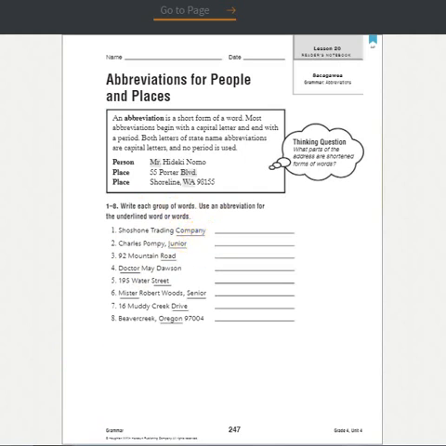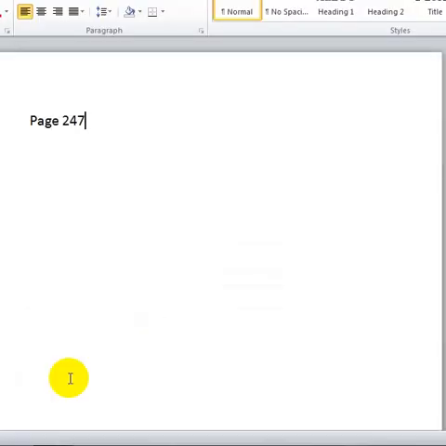So, number 1, we've got company. And an abbreviation for the word company would be CO period. That's an abbreviation for the word company. Okay, let's keep on going.